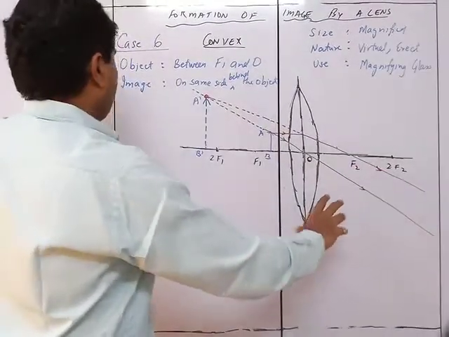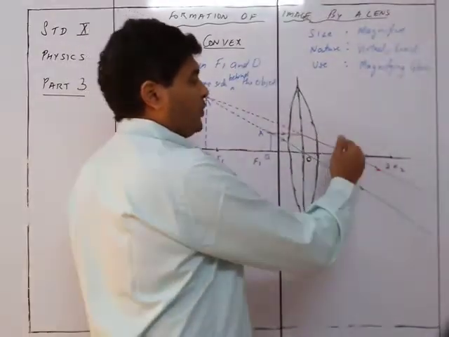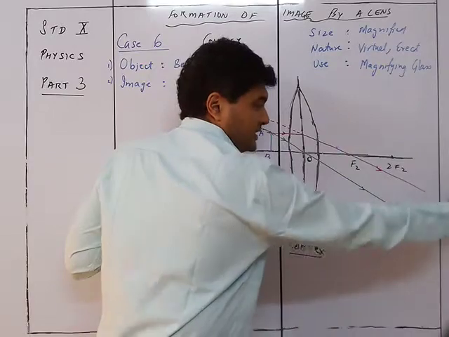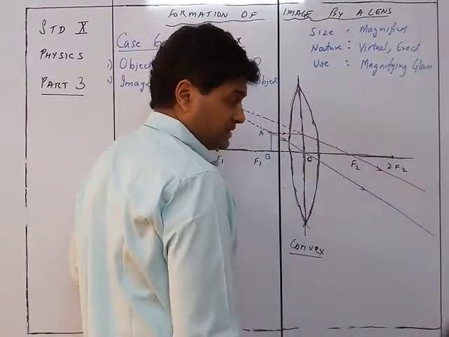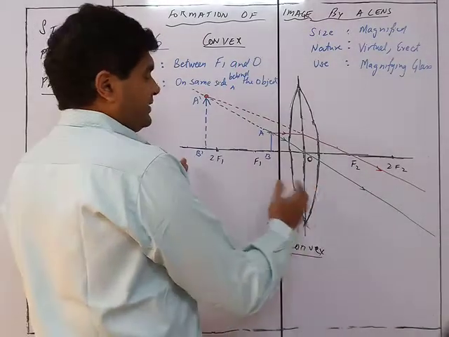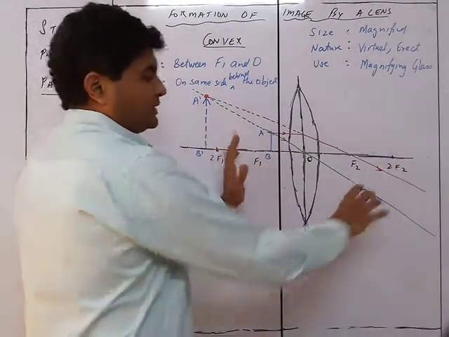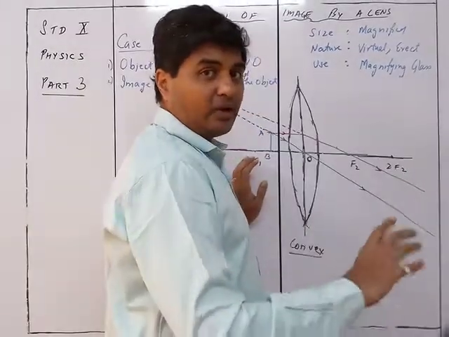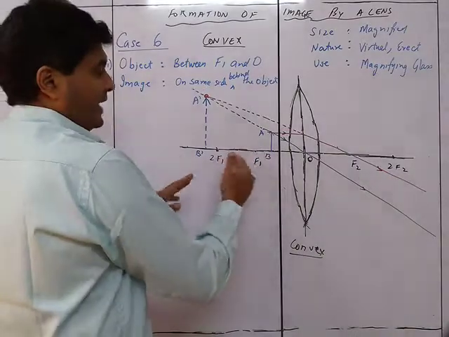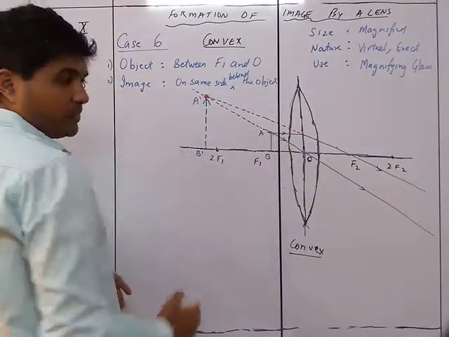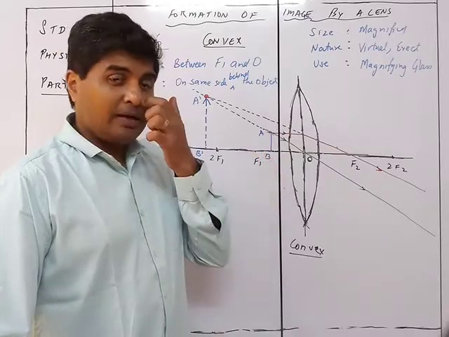You are bringing it from far off objects to nearer place, and the image is moving from f2 towards outside, away from the lens. A point is reached at f2 where both of them are equal. Then as you move it further, the size of the image keeps on increasing, and then it suddenly after f1 becomes virtual image. So that is how we can remember this.